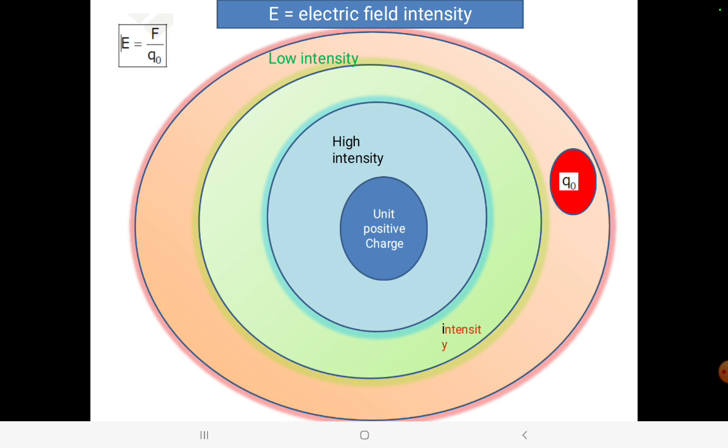Then the light green area will have an intensity lesser than this high intensity area. After that there is another colored area, which is far from the unit positive charge, and its influence and intensity decrease as it is far from the charge. That means in this particular colored area the intensity will be less, and outside that area the influence may be completely lost, that may be completely zero. That means there the intensity will be zero.